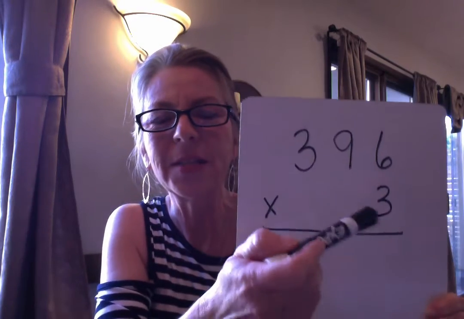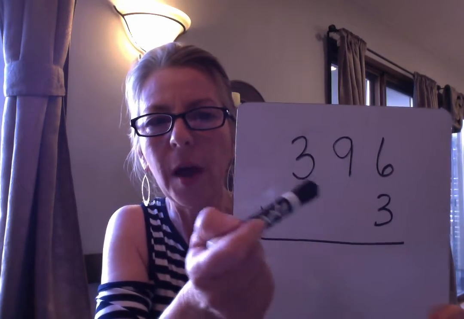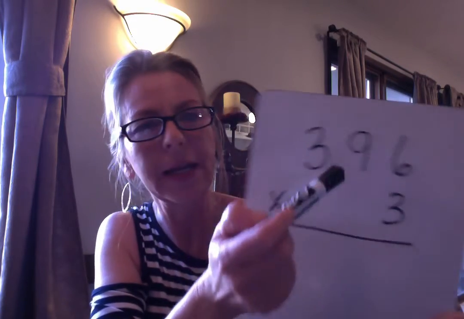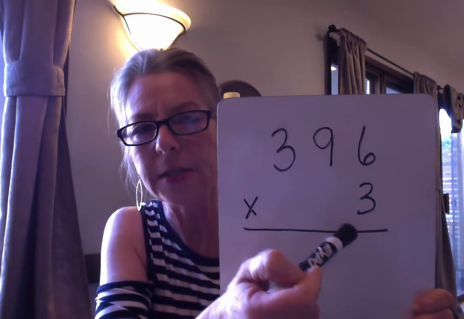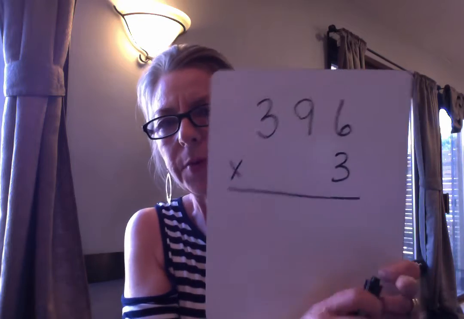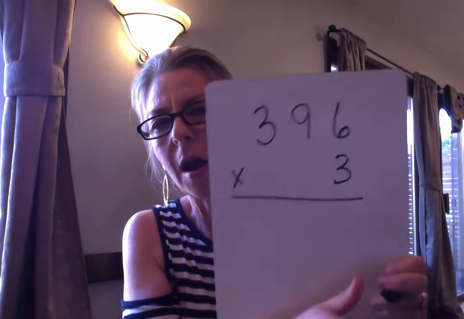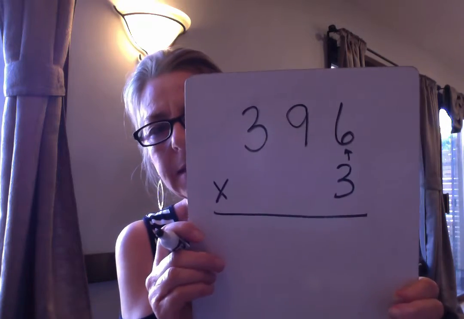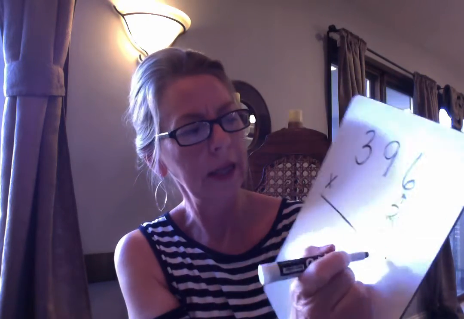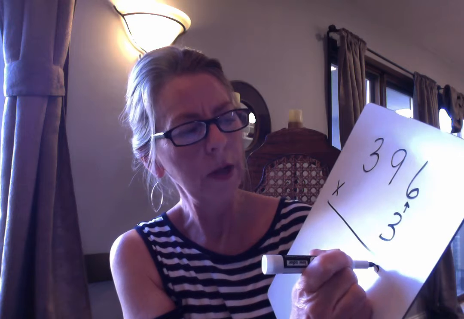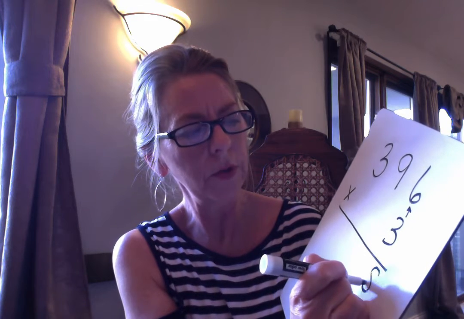Okay, all right, so we're going to multiply three groups of 396, all right? And so remember what the pattern is. We're going to take our multiplier times our ones. So we do 6 times 3, and the answer is 18, right? And what goes in the ones column, the 8 or the 1?